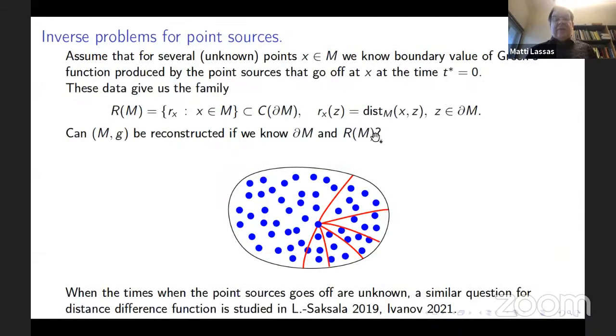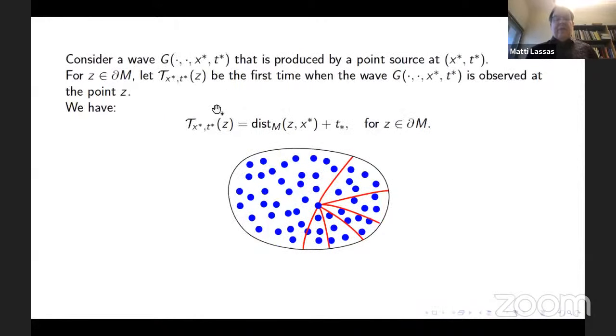In this setting, I assume that I know when the source becomes active. There is research also on the inverse problem when we don't know the times when the source becomes active. But in this talk, I assume that the source became active at time t star equal to 0, and then the first observation time coincides with the distance from x to z.